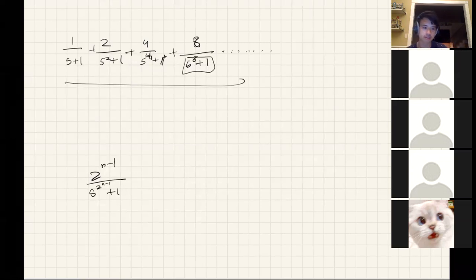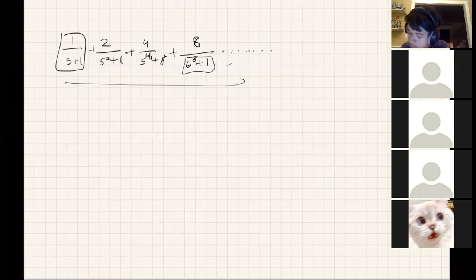I mentioned earlier difference of squares, right? So the key thing is to pick up on the fact that this seems almost like difference of squares, except the negative ones are turned into positive ones. So what if we can write our term as the difference of two terms with denominators that are difference of squares?